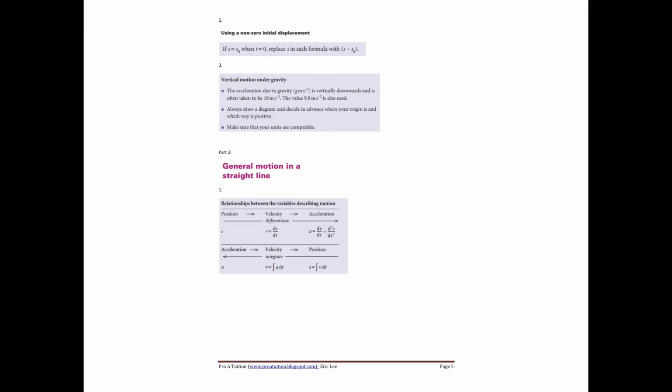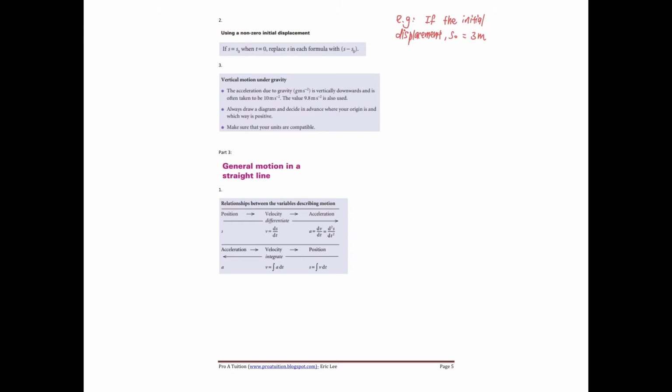For example, if the initial displacement s0 is equal to 3 meter, that means the particle starts from 3 meter from the origin.